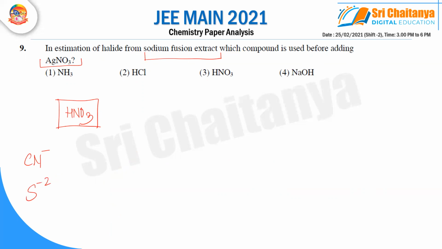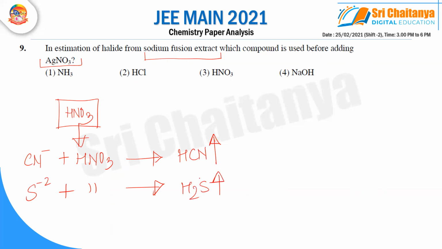So when we provide HNO3, these two types of ions get converted into gaseous substances and they fly off. When these fly off, the detection becomes easier for the halide ions. So we add HNO3 here. Option number 3 is most appropriate.